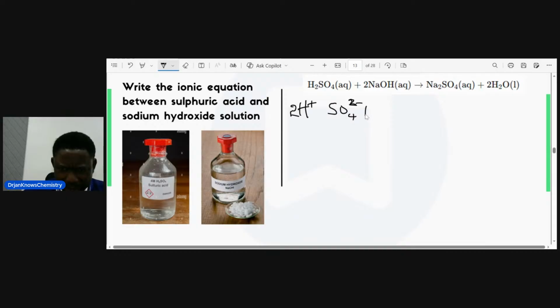Let's see whether you can try to split sodium hydroxide. Sodium is an element, but OH is a radical, a group of atoms. They have the charge -1. The more you use it, the more you recognize it, just like you recognize your brother because you see him every day. If your brother was born in another country and you've never met him or had a video call, you won't recognize him.